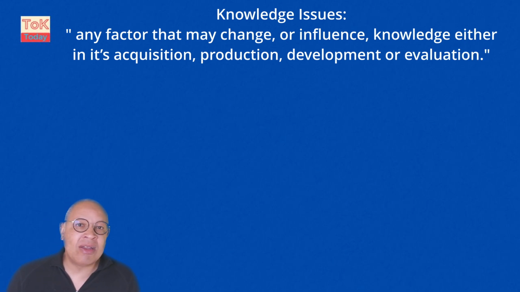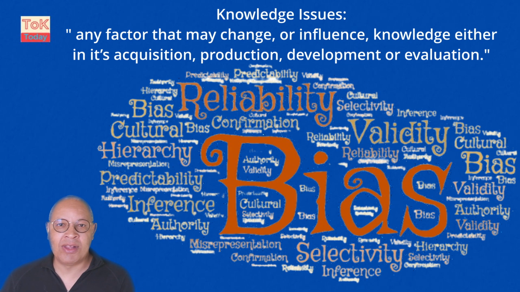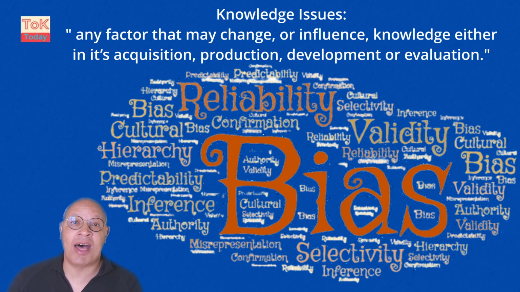Now, there are many knowledge issues, but some of the key ones that are relevant to ToK are reliability, validity, selectivity, predictability, hierarchy, inference, misrepresentation, and the various types of bias.